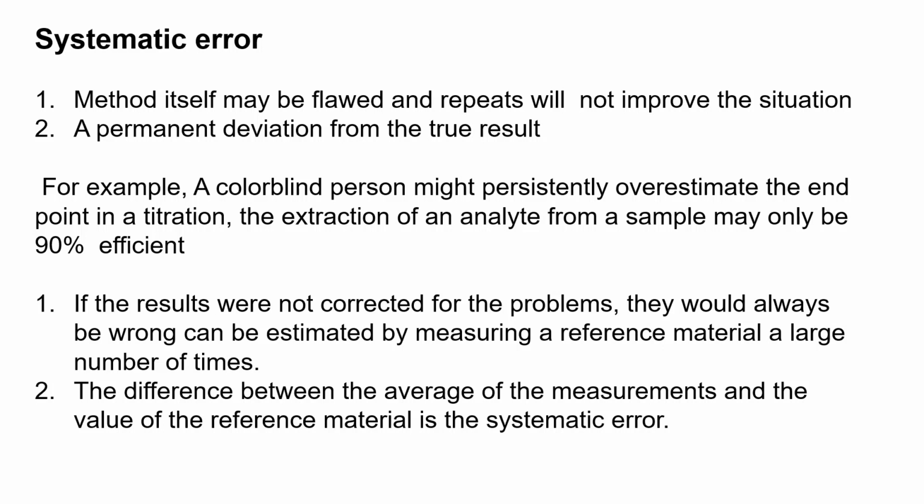The difference between the average of the measurements that have a systematic error and the value of the reference material gives you an estimation of how much error you have in your measured value. So it is very important to remove this type of error to get a result that is close to the true value.